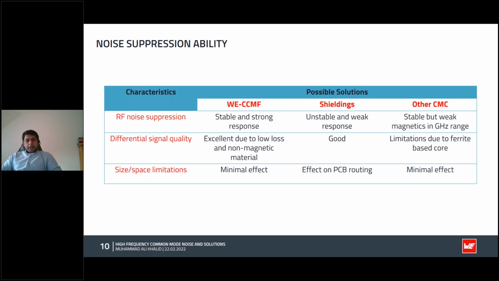But as we move towards higher gigahertz or millimeter wave frequencies, we see the limitations of the ferrite in coping with signal integrity while at the same time also providing the required suppression for the common mode noise.